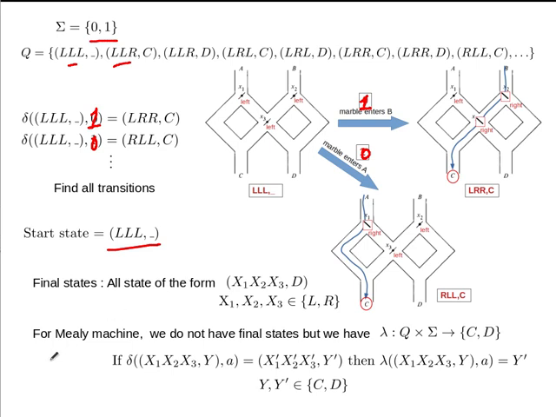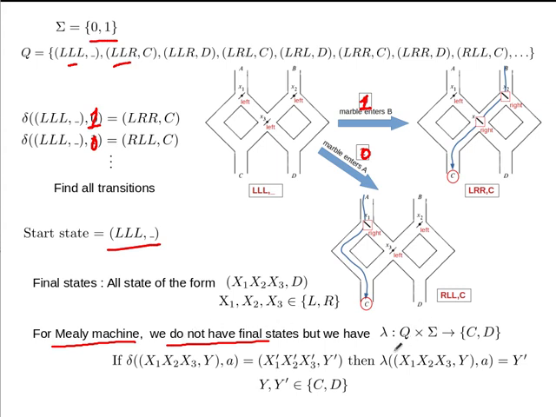Okay, so this is the DFA part. And what about the Mealy machine? In the Mealy machine we do not have final states. You remember, Mealy machines do not have final states. And when does a Mealy machine give you output? During the transition, right? A Moore machine gives you output after reaching a state, but here the output is emitted during the transition.